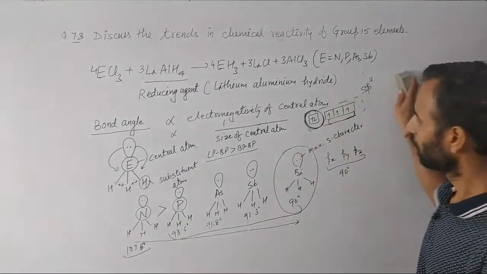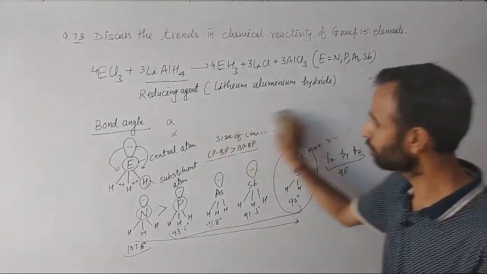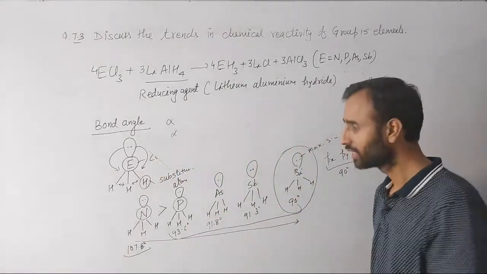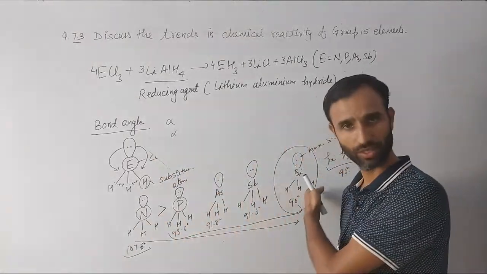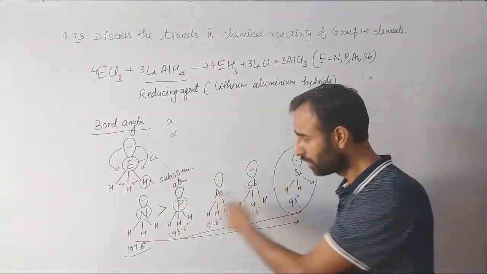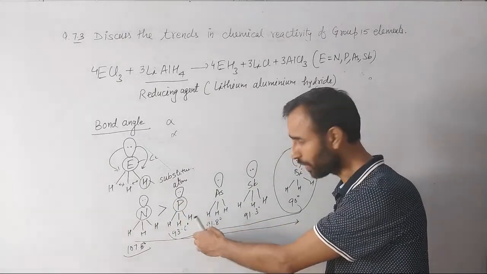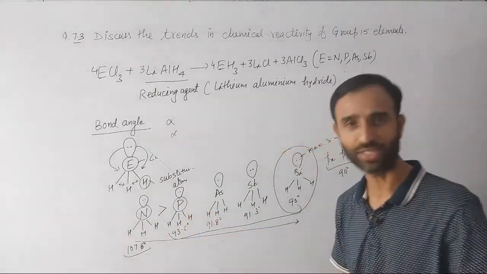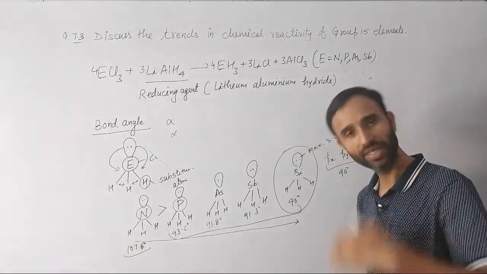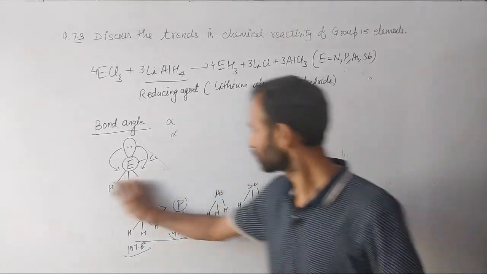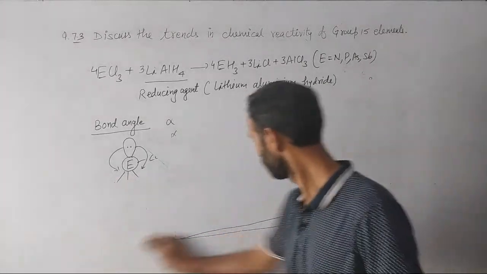But if the question is simply why the bond angle decreases, you just write that as size increases or electronegativity of the central atom decreases, the bond pair moves away from the central atom, so bond pair repulsion is less, so the bond angle is decreasing. Okay, this is about bond angle.